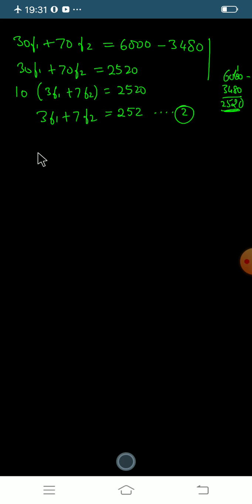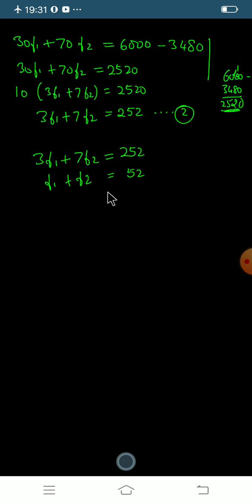What is that? So let us write both the equations together here. 3F1 plus 7F2 is equal to 252, and F1 plus F2 is equal to 52.